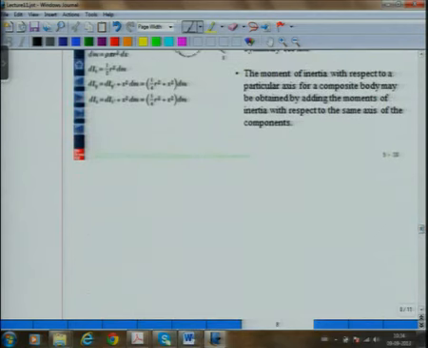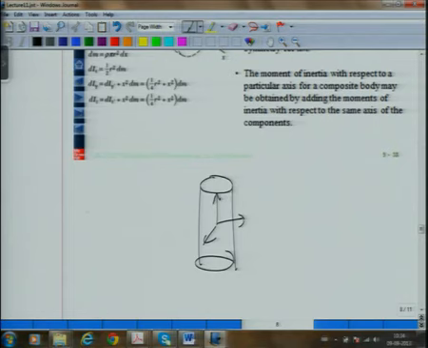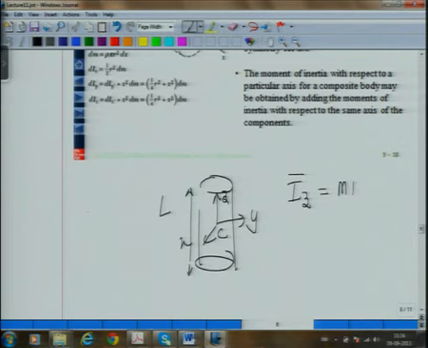If we have a cylinder, x, y, z, and this is at the center, let the length of the cylinder be L. Then first of all, Iz for the cylinder passing through the centroid is equal to mr square by 2, and Ix, the bar sign represents that this is at the center of mass.